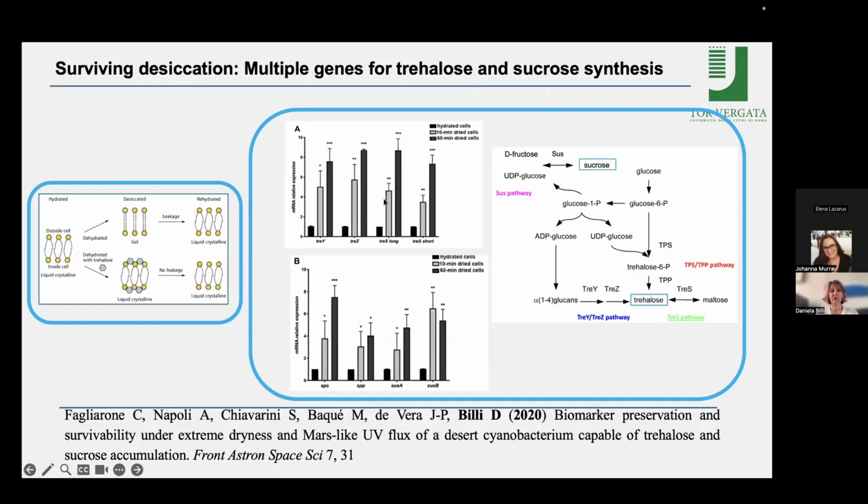When we looked at the genome, we found all the possible pathways to produce sucrose and trehalose using different substrates, so that they can make trehalose using whatever is present, and they produce sucrose through photosynthetic activity. So this is also a way through which they can survive desiccation.